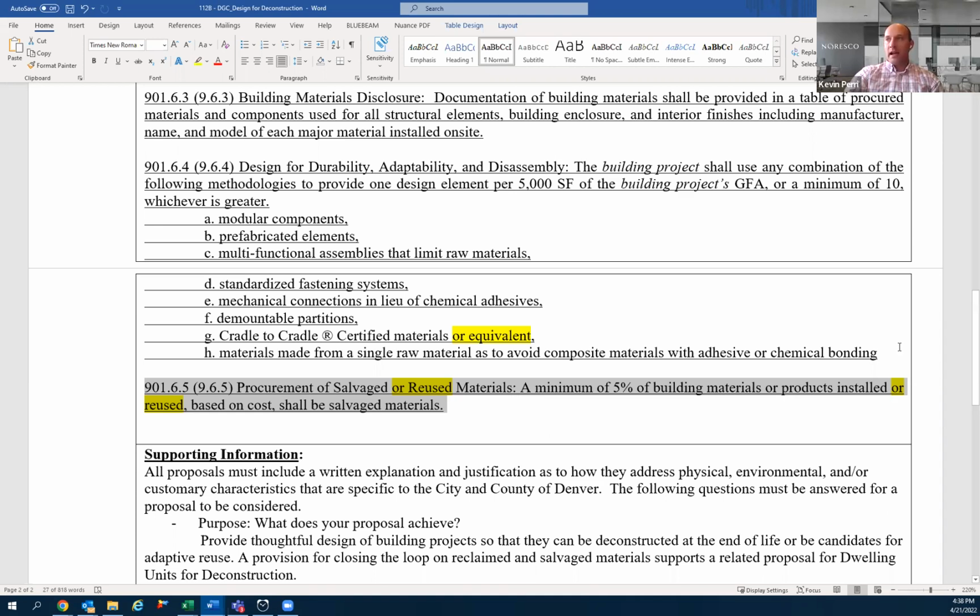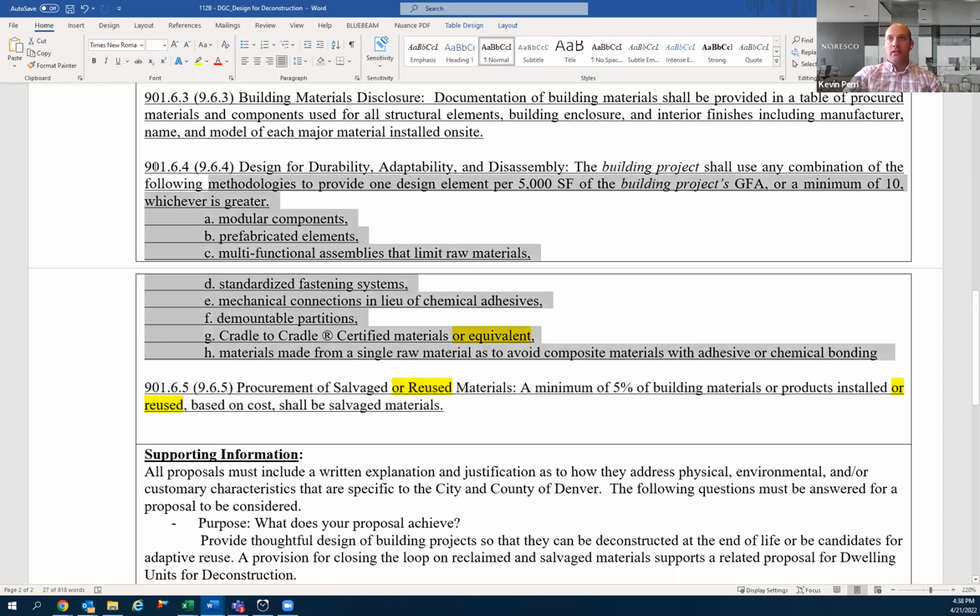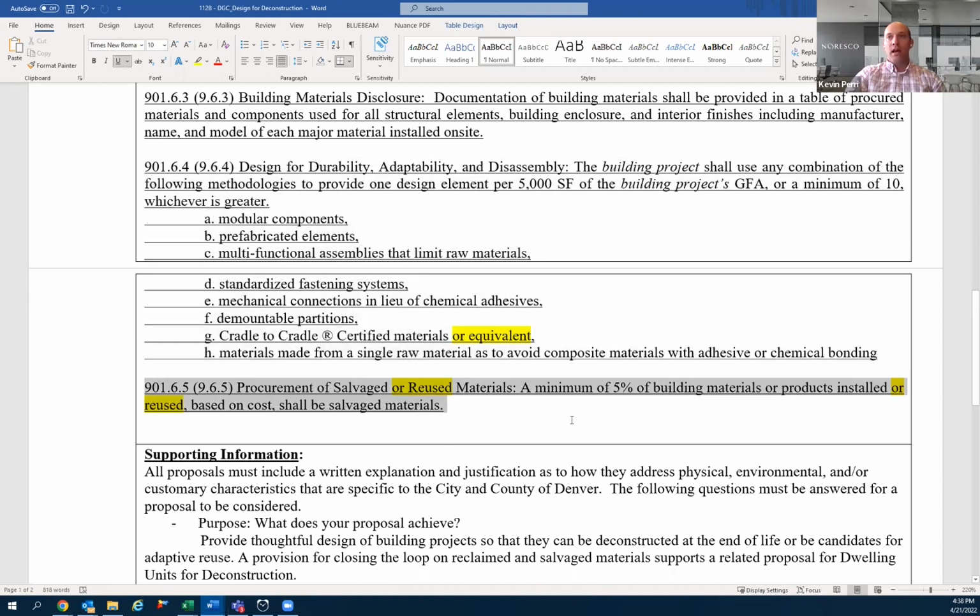Okay, great. So that'll be the first item we vote on. And then the next item would be to delete the section above it. So I'll call a vote for moving 901.6.5 to its own section. All those in favor, please raise your hand. Okay, votes are still coming in.